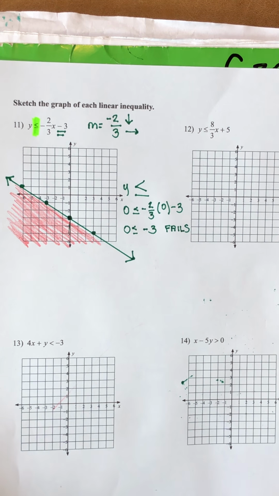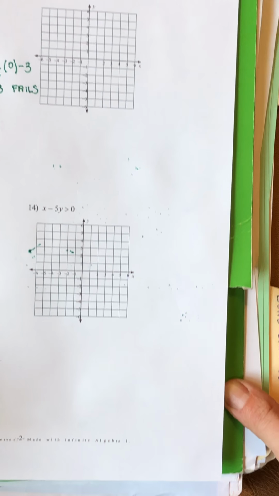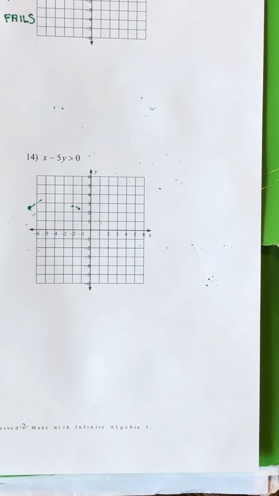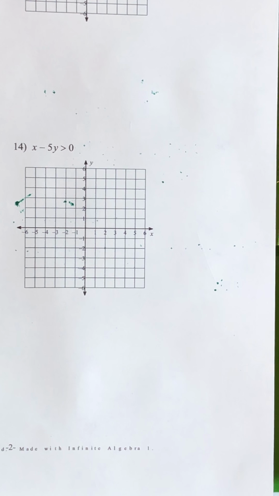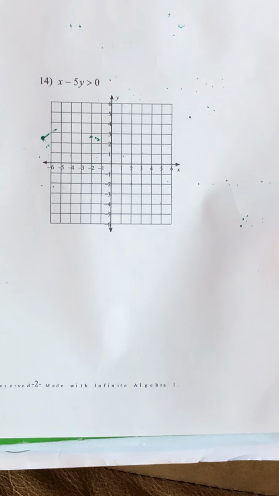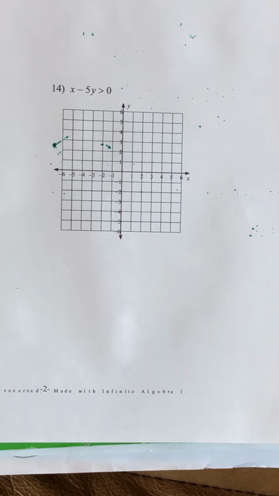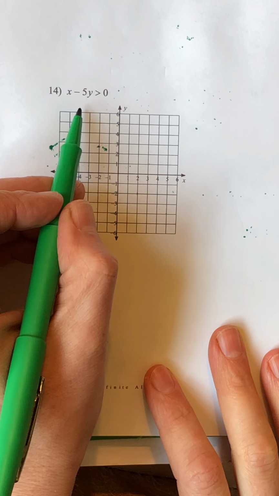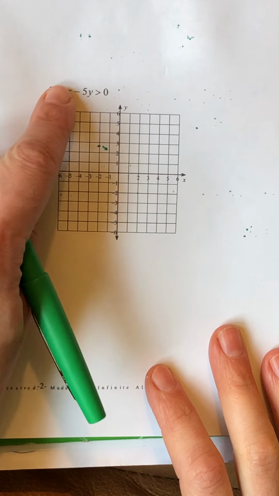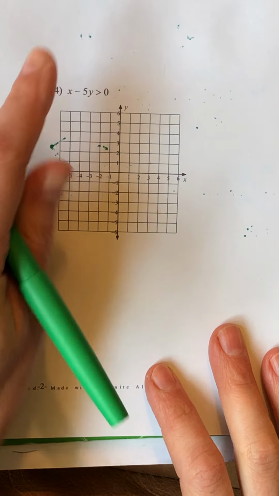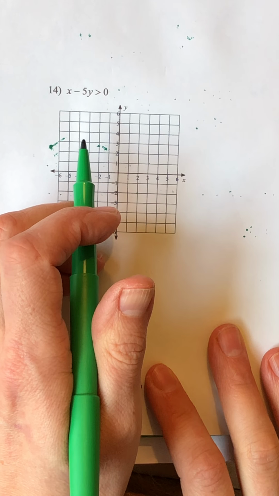All right, let's do number 14. See, I think I can make it a little bigger. Okay, so this one is not nice, and it's not in y equals form yet. So some people will cover up zeros and find 2 points and make the line, but I always like to put that in y equals form.